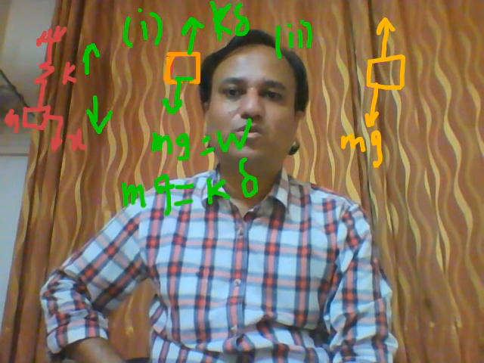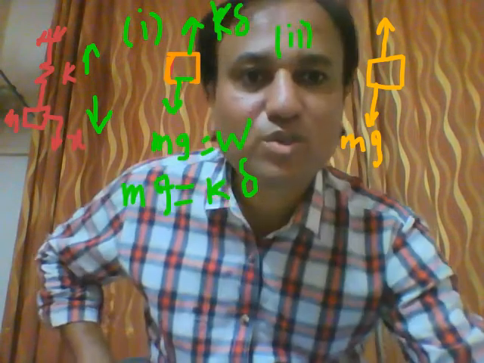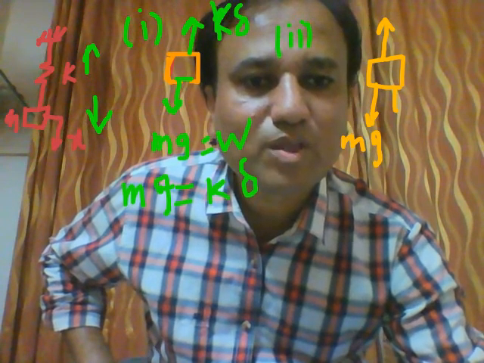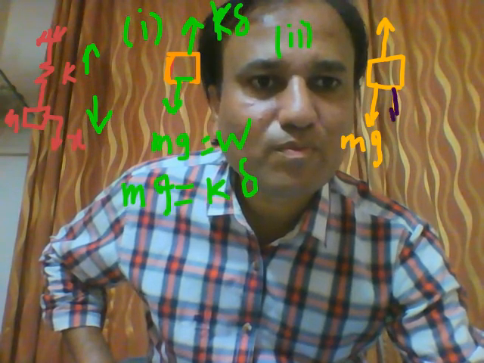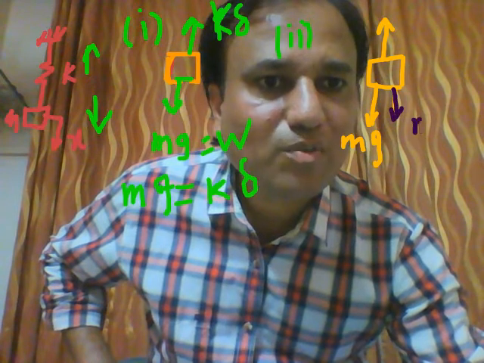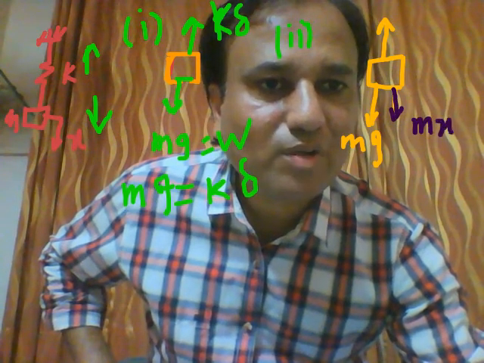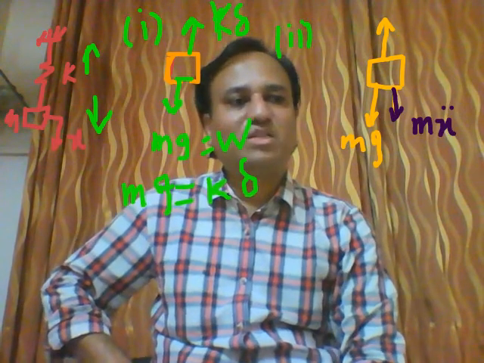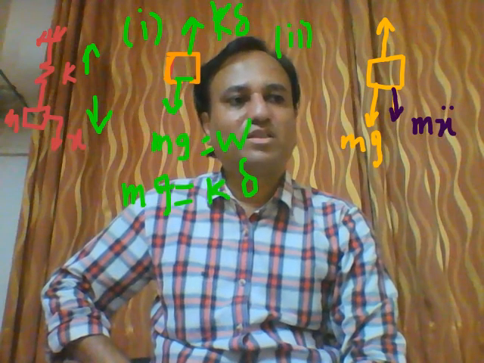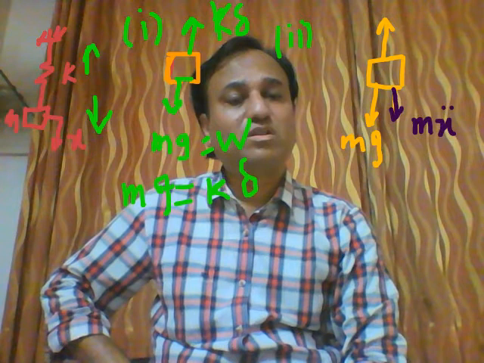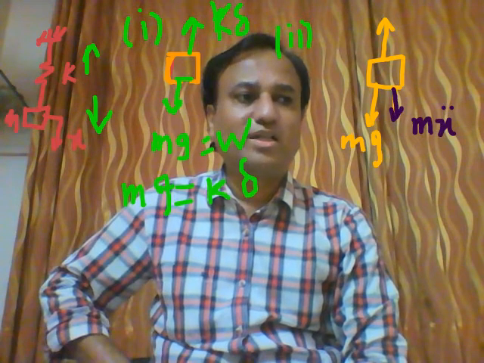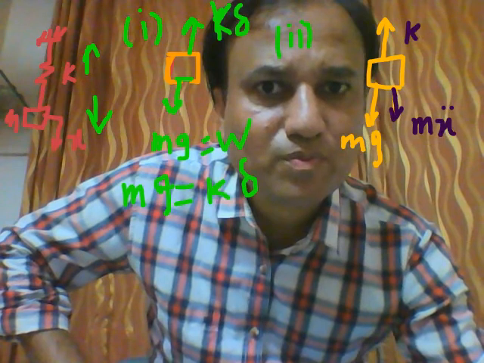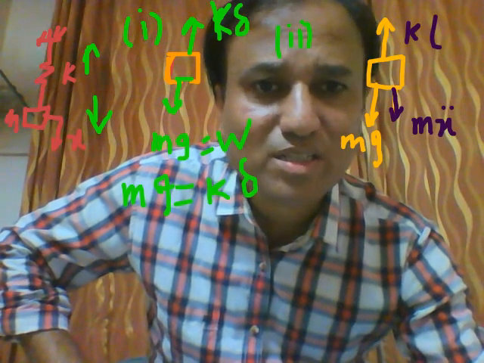When mass is moving, the driving force or inertia force in downward direction, student, will be mx double dot. Now spring force in upward direction will be k into, so delta is the static deflection, okay?